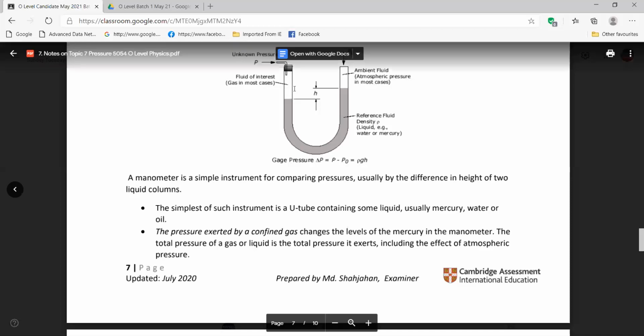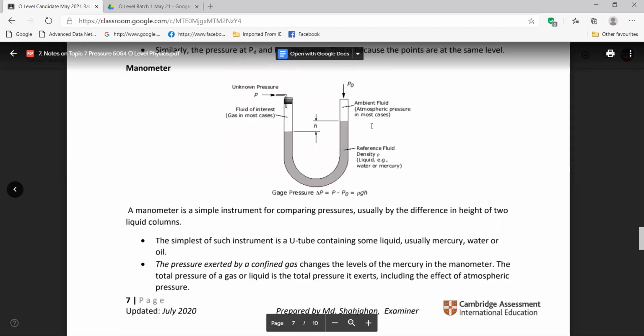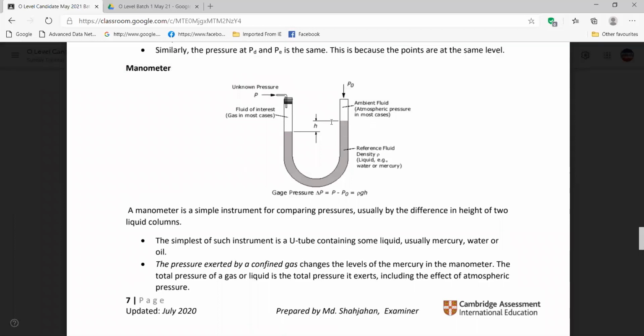So here the main thing is, look, this one. Normally, if this tube is open, then they both are equal, right? Equal height. And now the gas pressure is more. That's why it's going up this side. Sometimes it happens that atmospheric pressure is more, gas pressure is less. That time this side will go up.